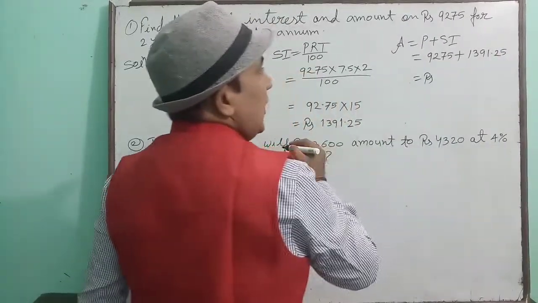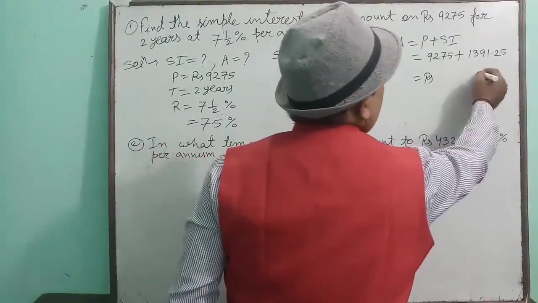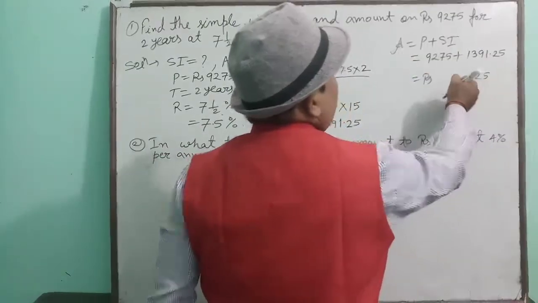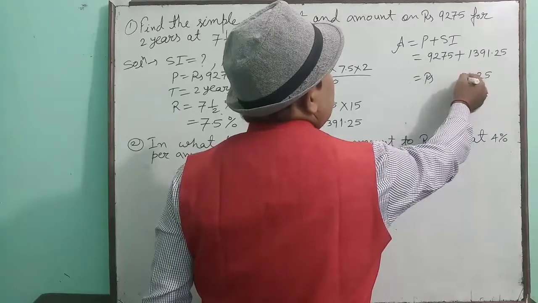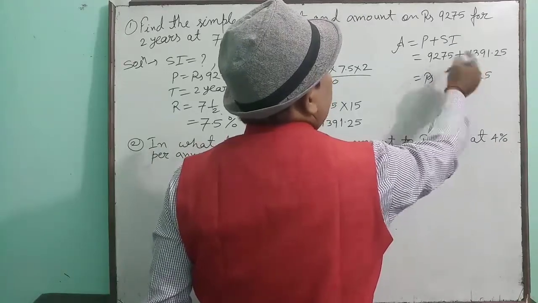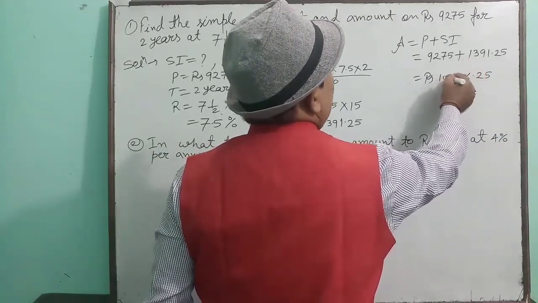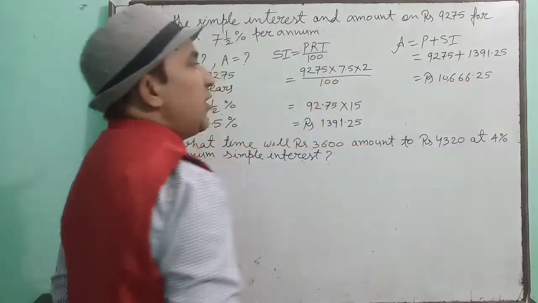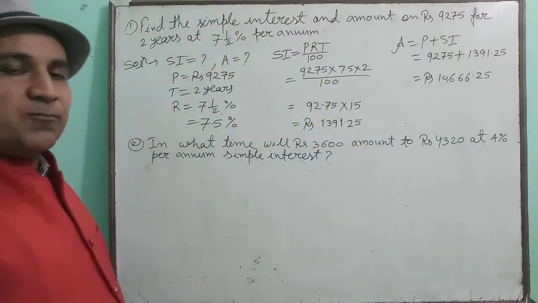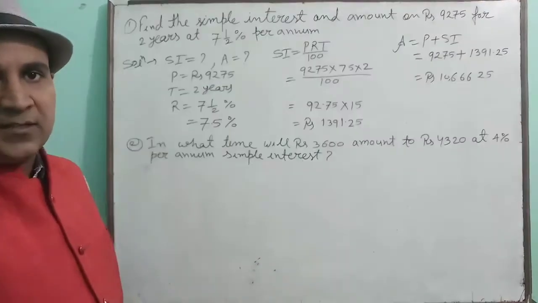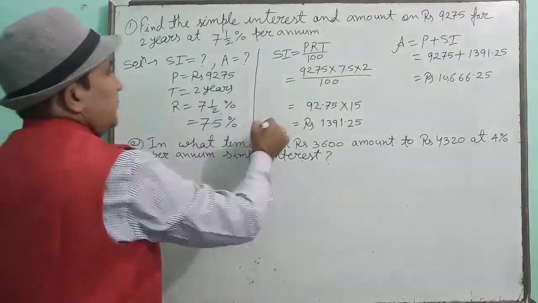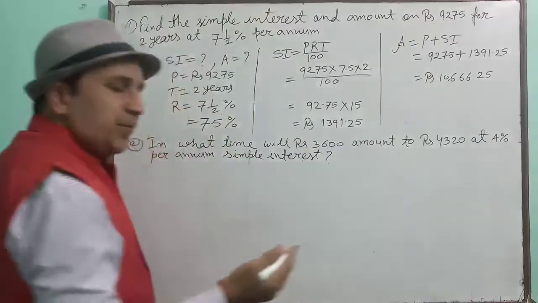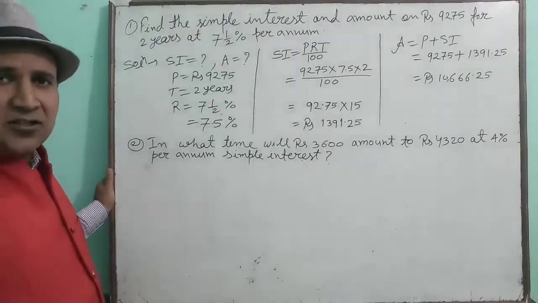Now add and get your answer. 25 then decimal. 5 plus 1, 6. 9 plus 7, 16. 1 carry on. 3, 1, 4, 2, 6. 9, 1, 10. 10,666.25 rupees. This is your amount. Understood? This type of questions we have done in the previous class also.